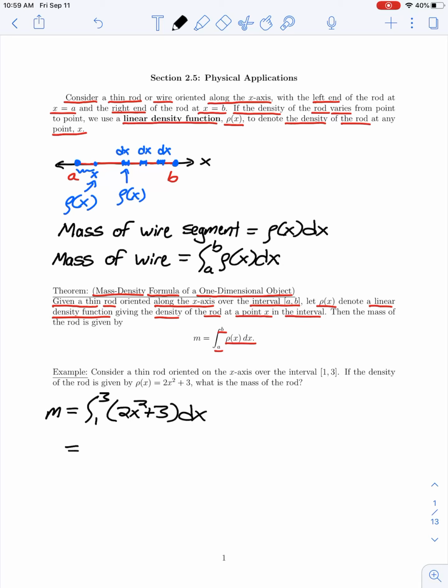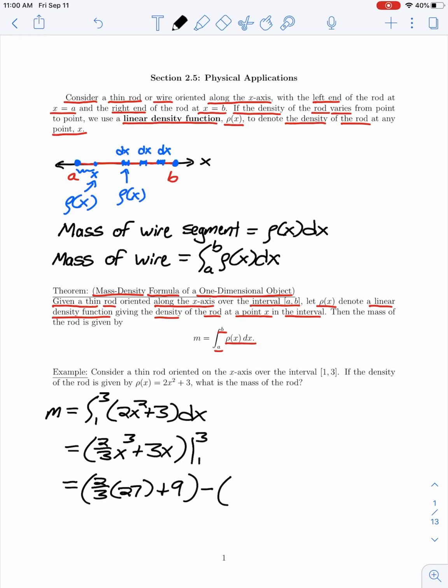So here, our antiderivative would be 2/3 x cubed plus 3x, and we're evaluating from x equals 1 to 3. So substituting in 3, we would have 2/3 times 3 cubed, which is 27, plus 3 squared, which is 9. And then we subtract the value we get when we substitute in x equals 1, which would be 2/3 plus 3.